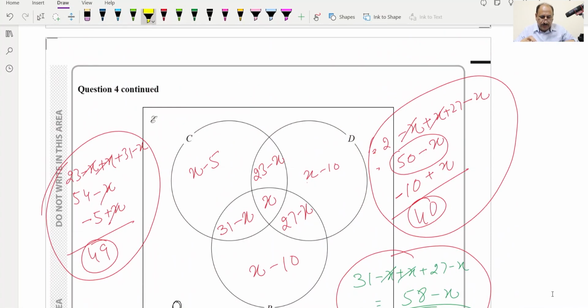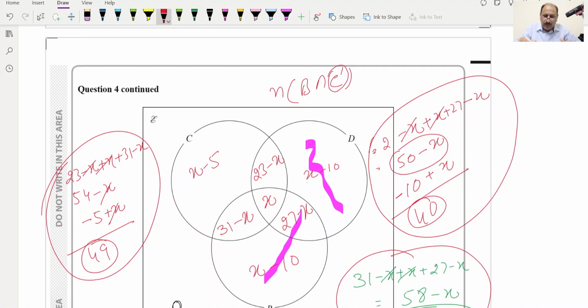C complement is basically whatever is not in C. So not in C will be this region, and this region will be not in C, and we have to calculate n of B intersection C complement. So for C complement, we have taken these two portions.